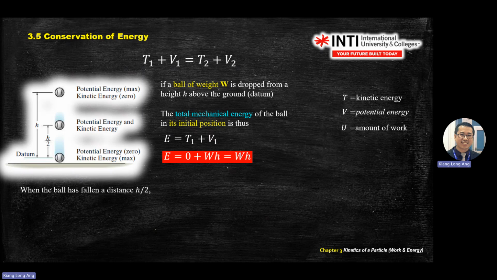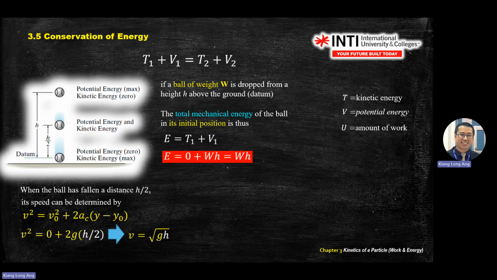At the center here, your h is half, above the datum, but there is a velocity there already. Because the gravitational acceleration is constant, you can use the Newton equation, v squared equals something. You substitute back and find v equals the square root of your gh at this location. Why do we need to find v? Because you are dealing with kinetic energy, half mv squared.